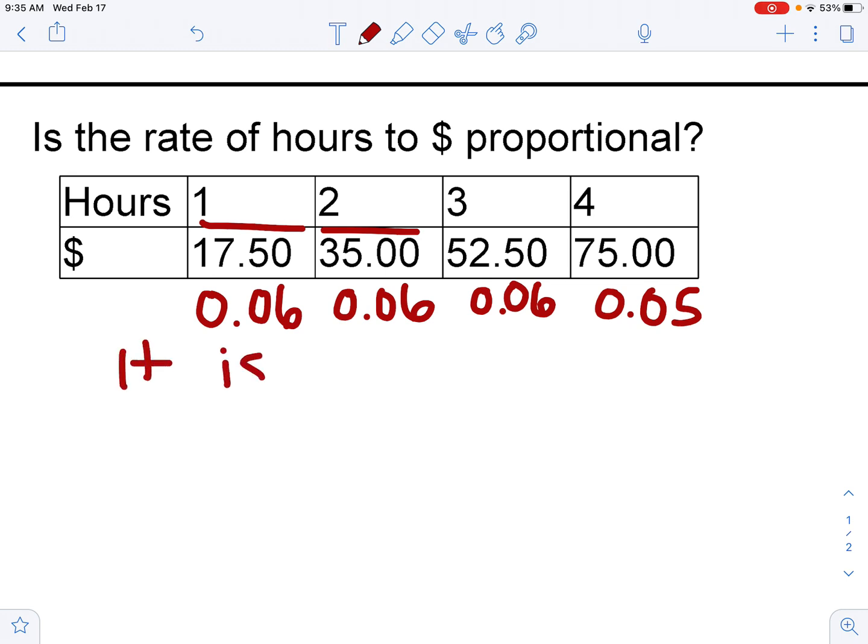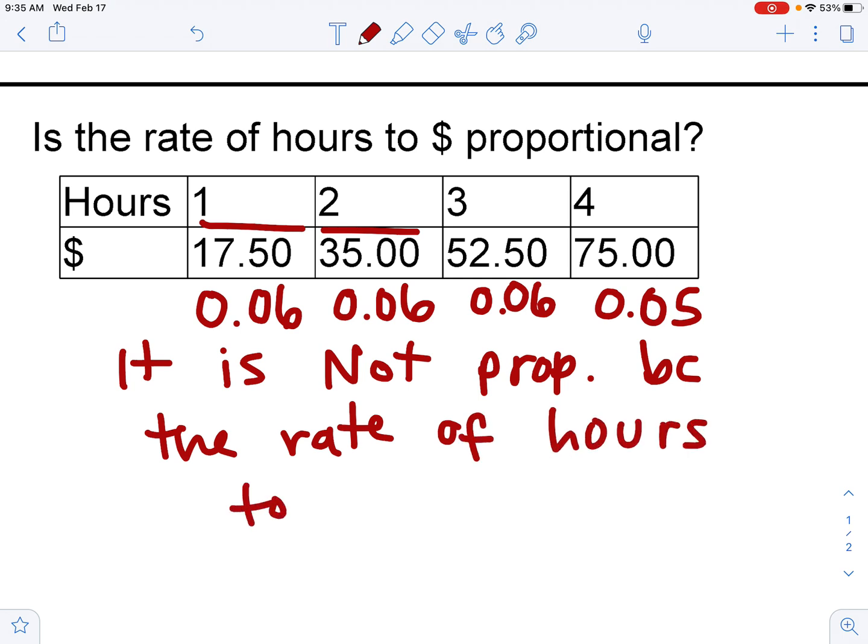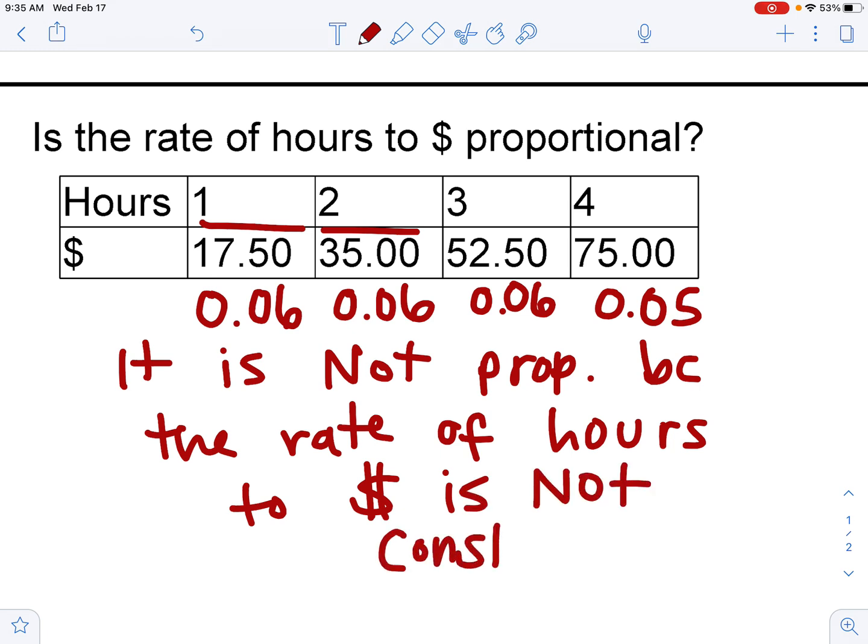We would say it is not proportional because the rate of hours to money is not constant. So if they all had that same rate of 0.06, then it would be proportional. But because that last one had a different rate, it is no longer proportional.